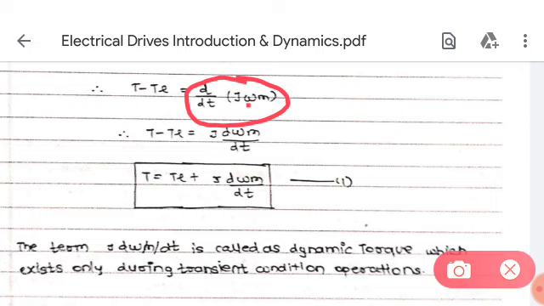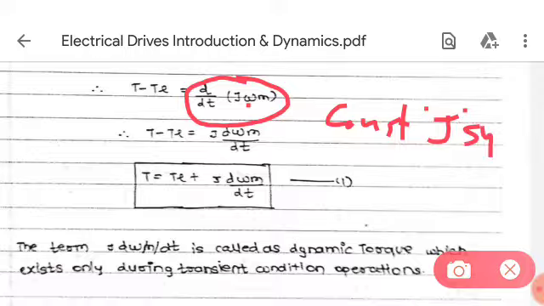If we apply the u into v rule, and if we assume that it is a constant inertia system, means load in the system, or you can say weight of the system, is not changing, in that case dJ by dt is 0.